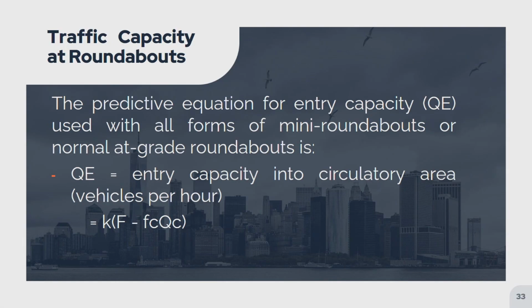So the predictive equation for the entry capacity, or the QE, used with all forms of mini roundabouts or normal at-grade roundabouts is QE, which stands for the entry capacity into the circulatory area, in vehicles per hour of the roundabout, and it has a formula of K multiplied by the quantity of F minus FC times QC.